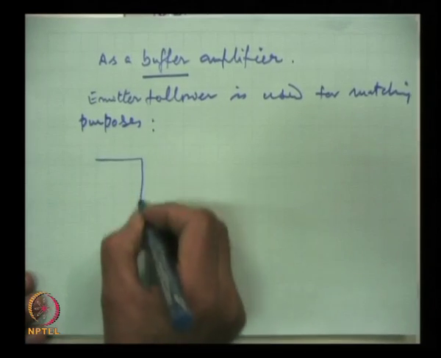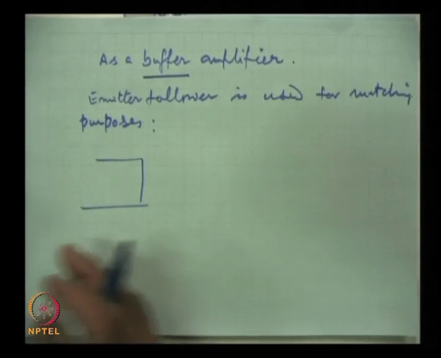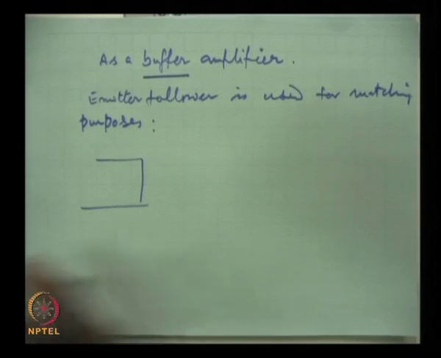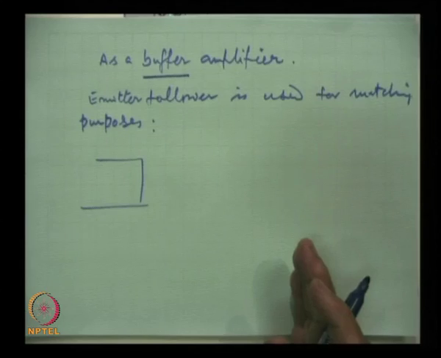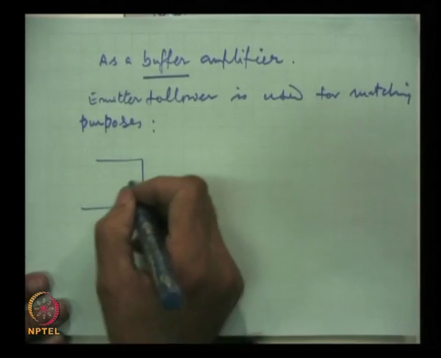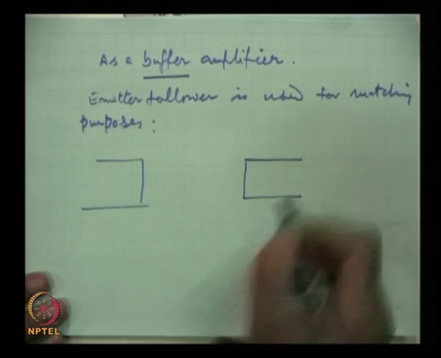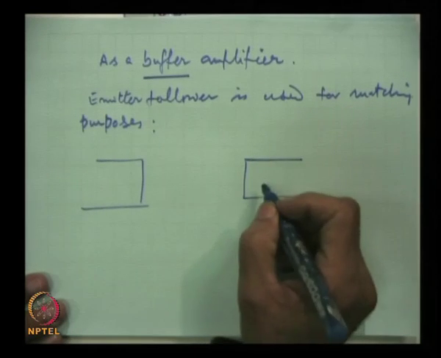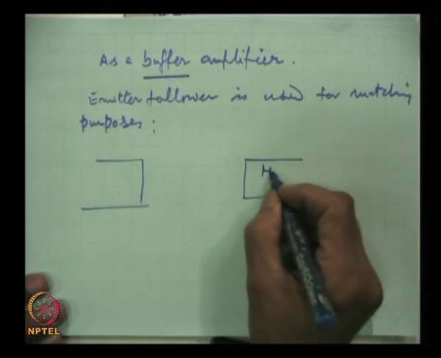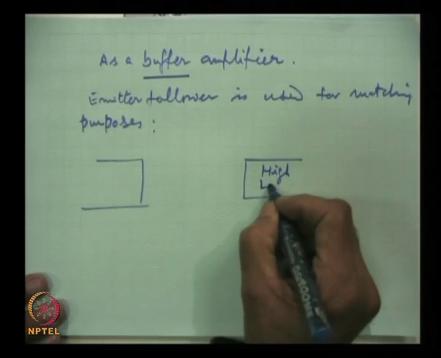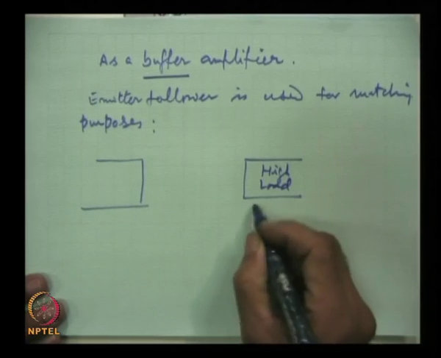Because in the actual system there are several stages, suppose this is the previous stage and this is the next stage, and this is high load, that means low impedance.